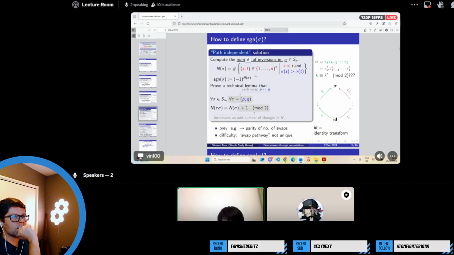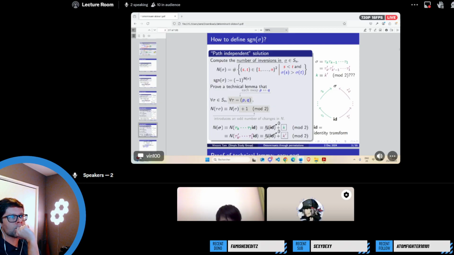Once we are able to prove a technical lemma that each swap changes the number of inversions by an odd number, then we are done. Why is this so? Once we have this lemma, suppose that we have two different permutation pathways, and for each pathway, the sign will be swapped once.